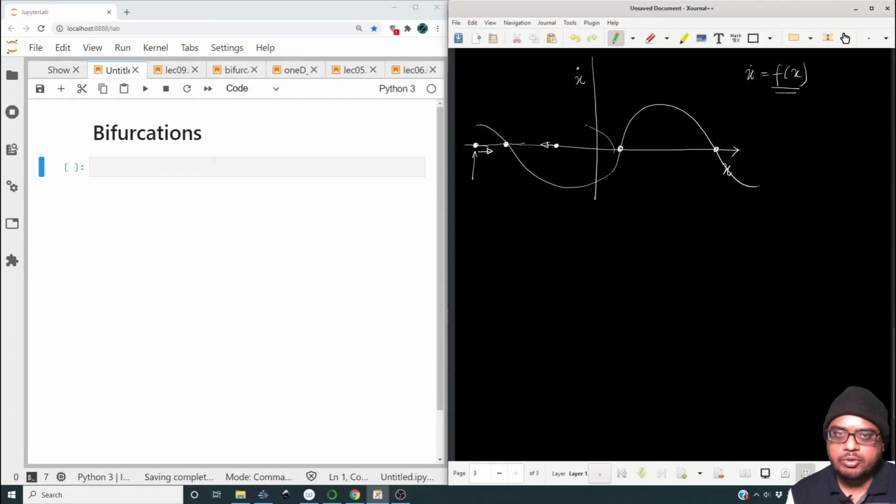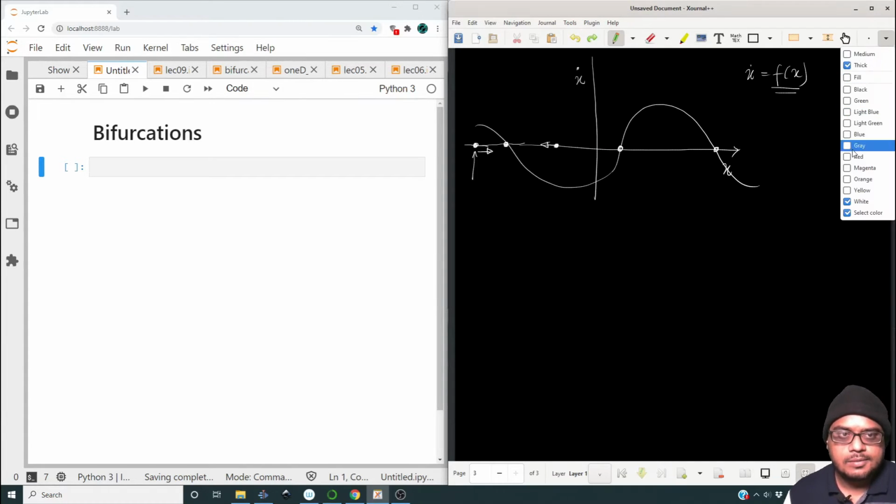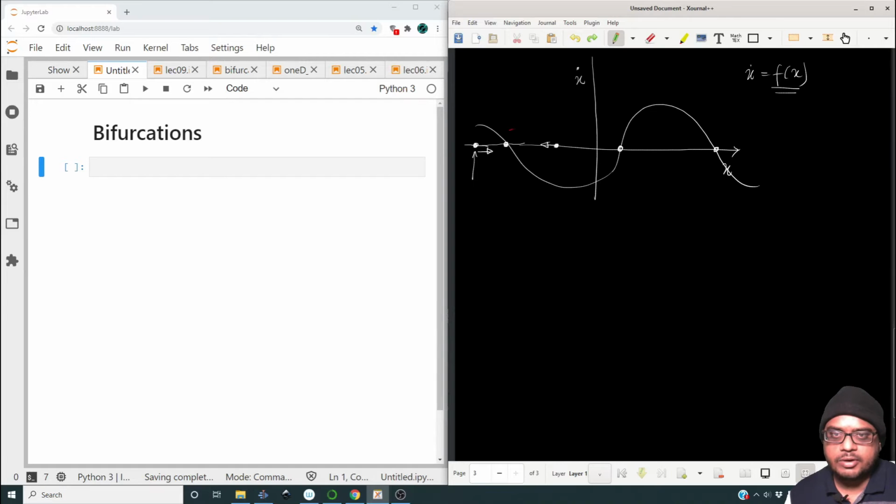Essentially, all the points in this space and all the points in this space are attracted towards this fixed point. Whereas if we have a point over here, the x dot is positive, so it tries to go over here.